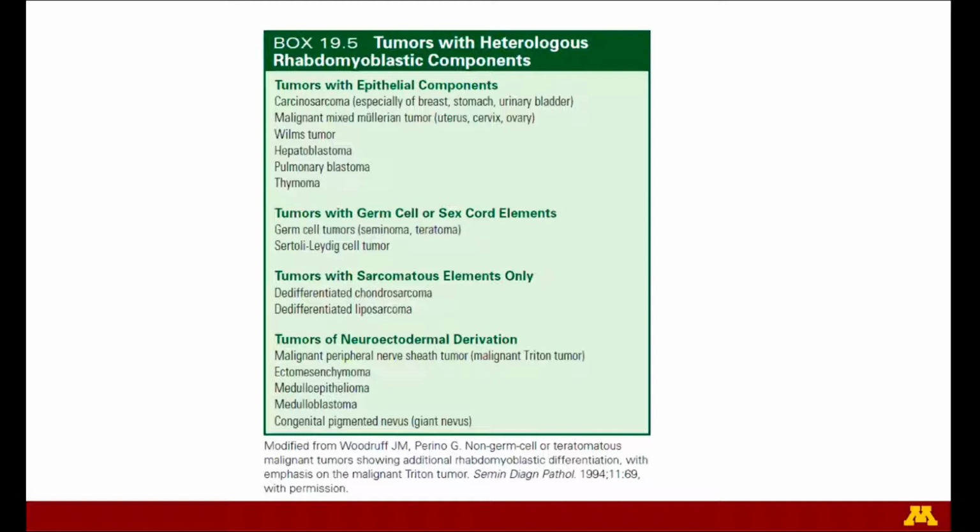As I said, I just talked about the mesenchymal tumors or the sarcomas with rhabdomyoblastic features, which we should be aware of as a pitfall. But definitely there are some other tumors like carcinosarcoma, which I know is one of your favorite tumors, that can show rhabdomyosarcoma features or rhabdomyoblastic differentiation.